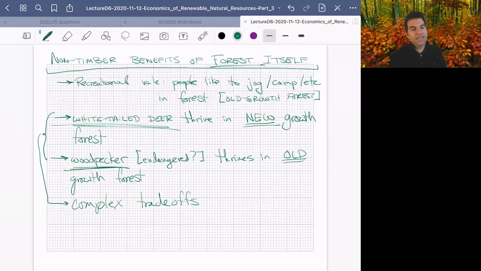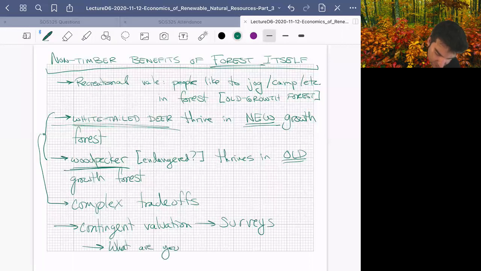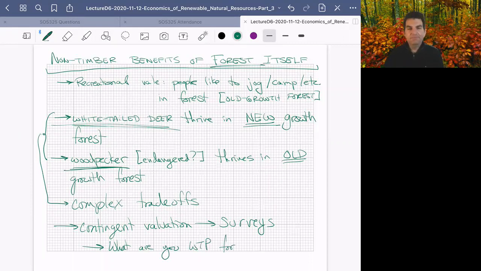So we could do a contingent valuation, where you have surveys and you ask people things like, what are you willing to pay for one species, or species X versus Y. So these are ways that we can help quantify people's marginal benefit.